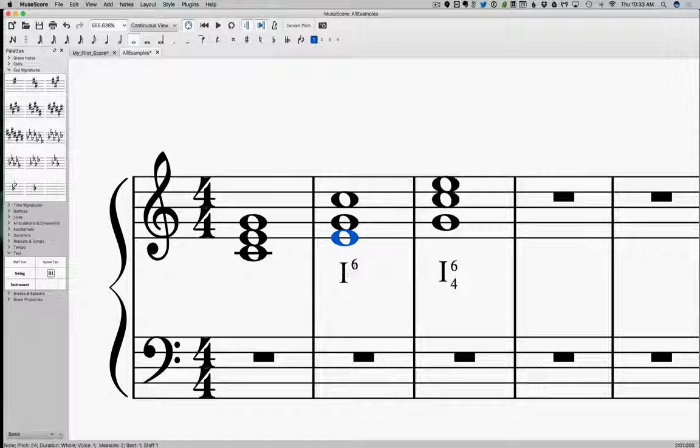So 6 means first inversion. 6-4 means second inversion, because we have this 4th and then this 6th. This one we have that 3rd, which we use kind of a shorthand and leave off the 3 from our inversion name. And then the 6th, which we do put into our inversion name.